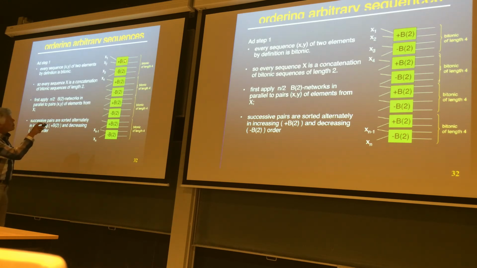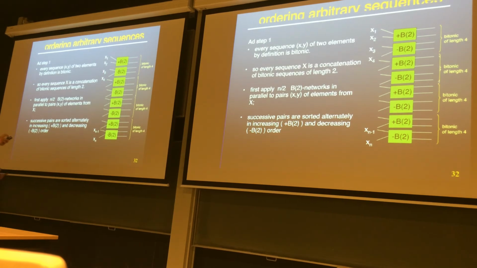If you take the output of 2 of these networks, a plus and a minus, then you have a bitonic sequence of length 4, isn't it? Increasing, decreasing. Then again, you have a plus B2 and minus B2, and again a bitonic sequence of length 4. So, from the input, it's very easy to come up with bitonic sequences of length 2 and length 4.